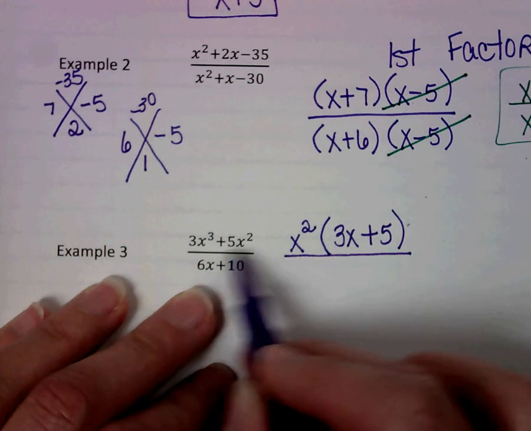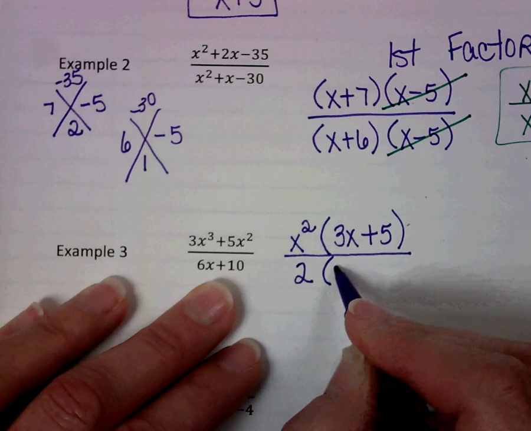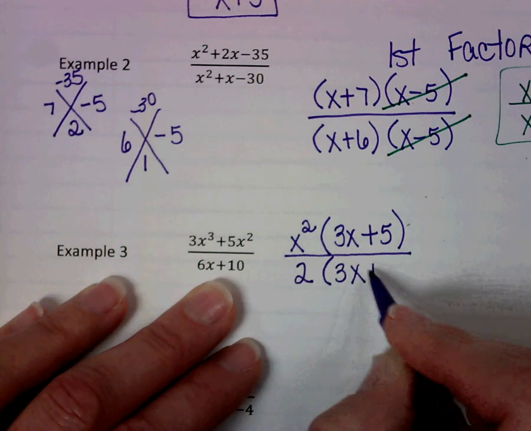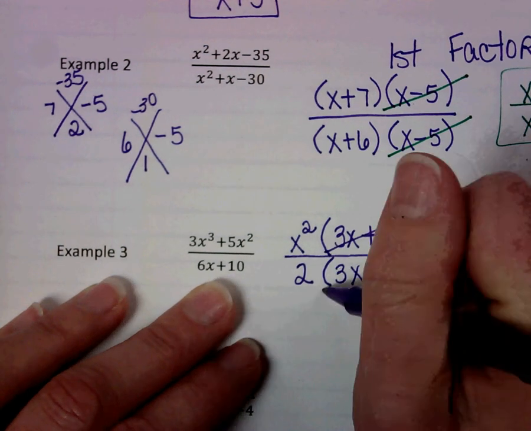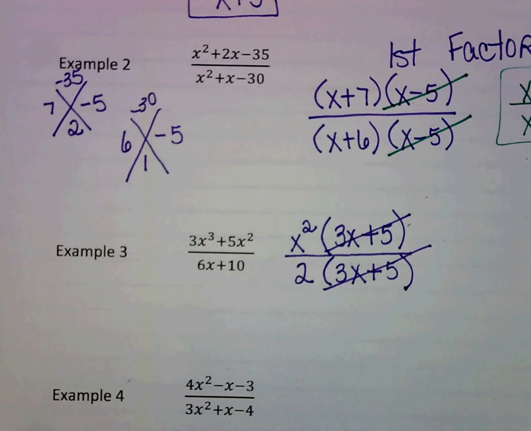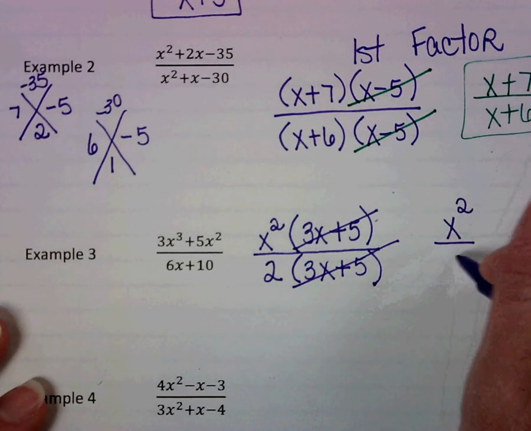In the denominator, my greatest common factor is 2. And I divide that out, I'm left with 3x plus 5. So again, I can cancel out the 3x plus 5 and 3x plus 5. And so all I'm left with is x squared divided by 2.